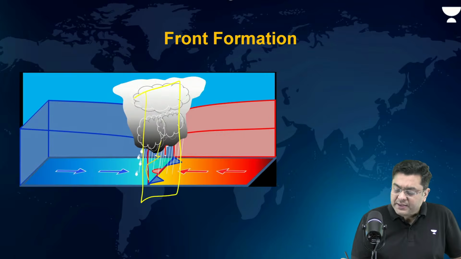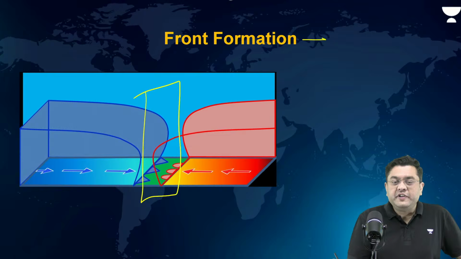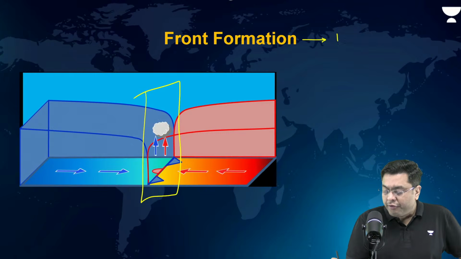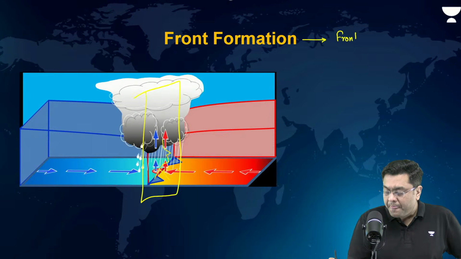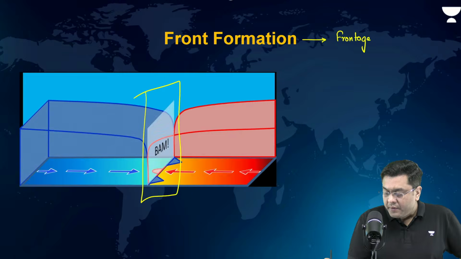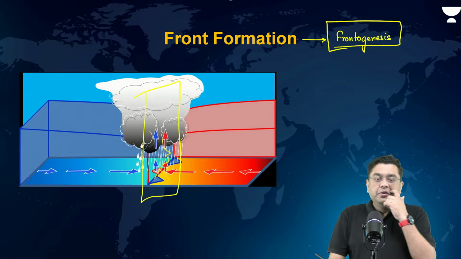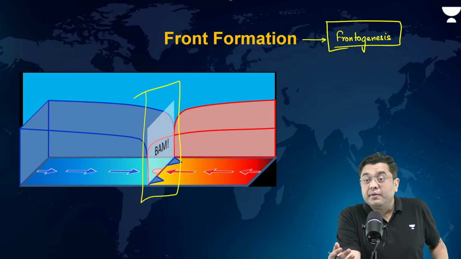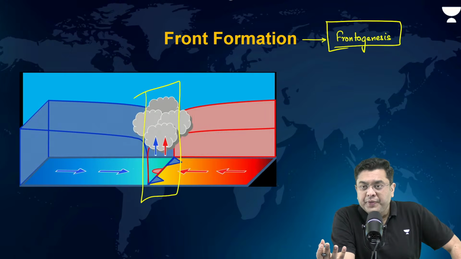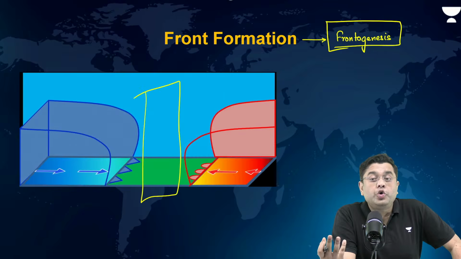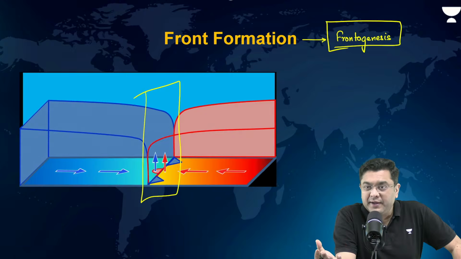Formation of a front is the process which is referred to as frontogenesis. Genesis means birth. So it is referred to as frontogenesis, that is birth of a front.